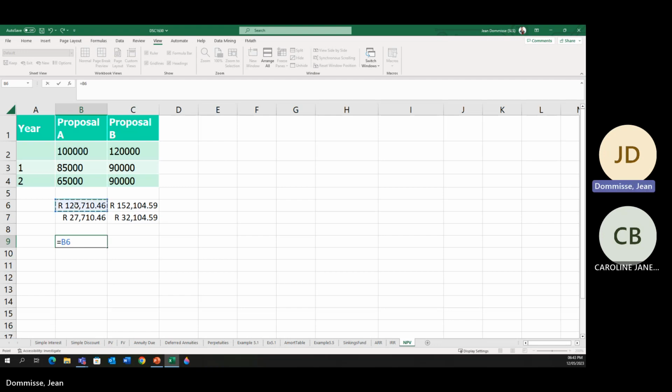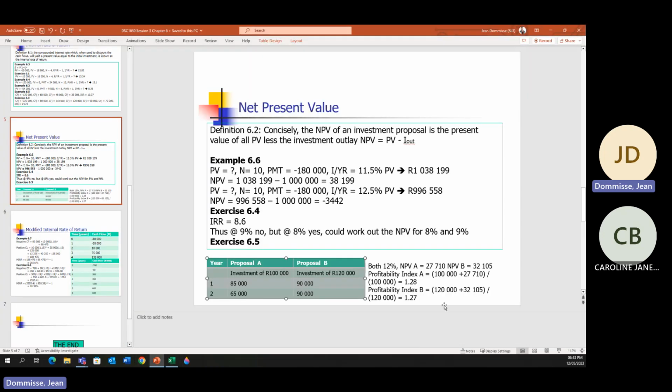Okay, so the one was 1.28 and the other one was 1.27. So 1.28 on profitability index is a bit higher.